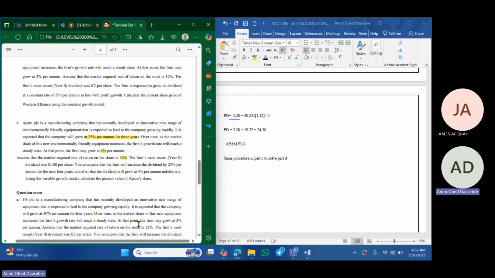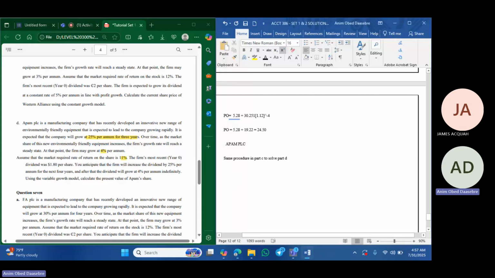Then once you find the perpetuity present value of the dividends to year three, you now discount everything to the present.